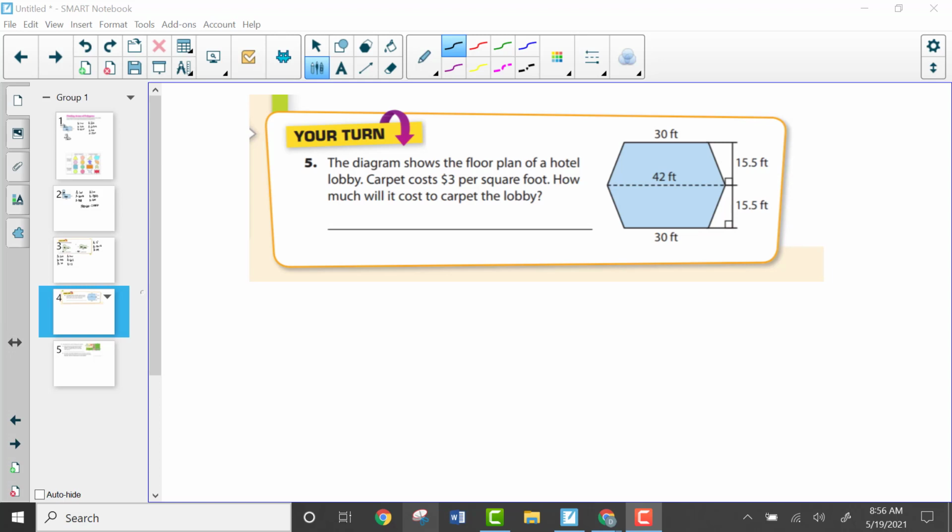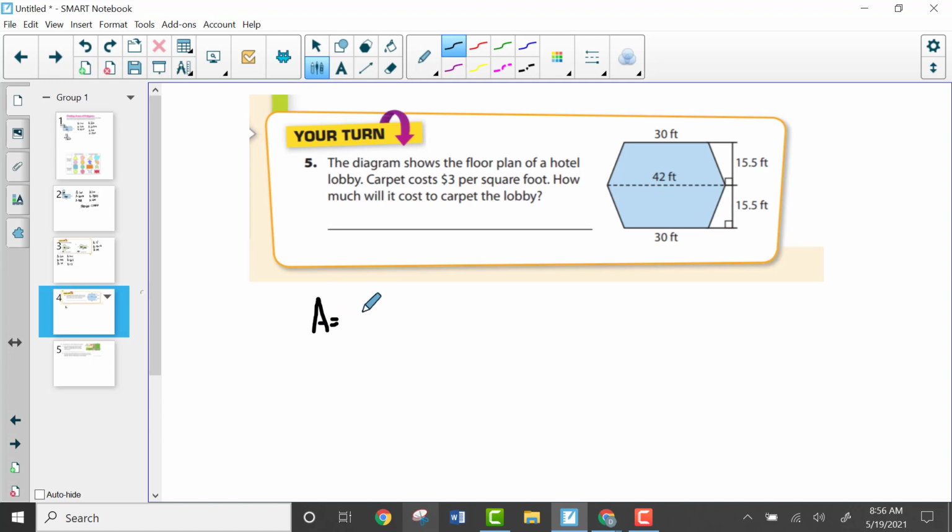What it says is the diagram shows the floor plan of a hotel lobby. The carpet costs $3 per square foot. How much will it cost to carpet the lobby? So what we have here is a polygon, and we're just going to divide this into 2 trapezoids. Okay, so in order to do this, what we do is we find area.